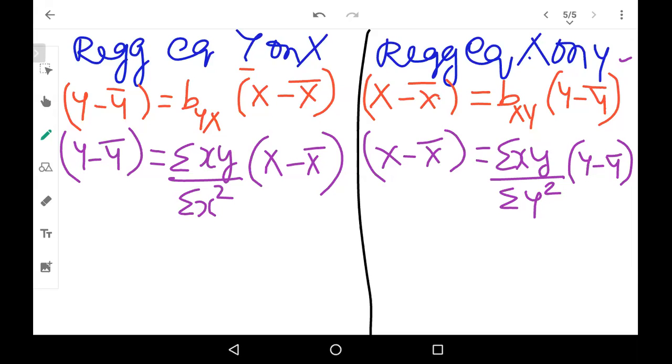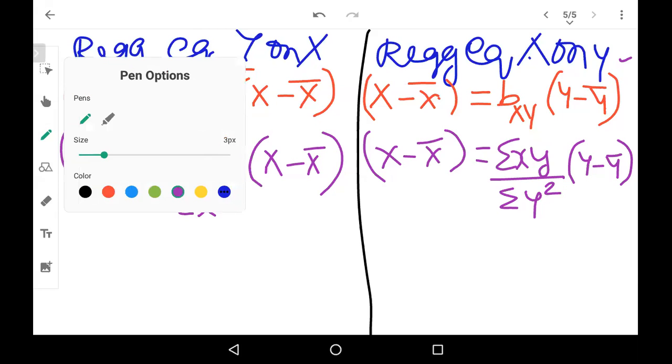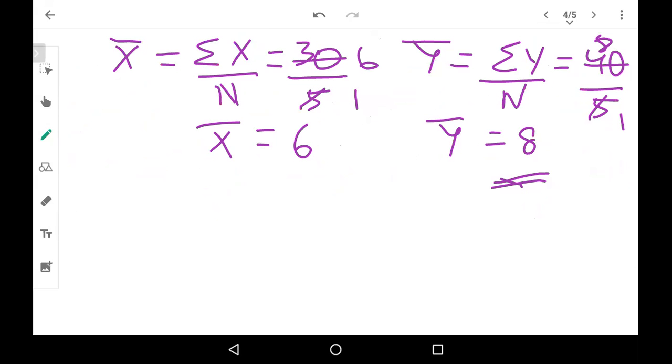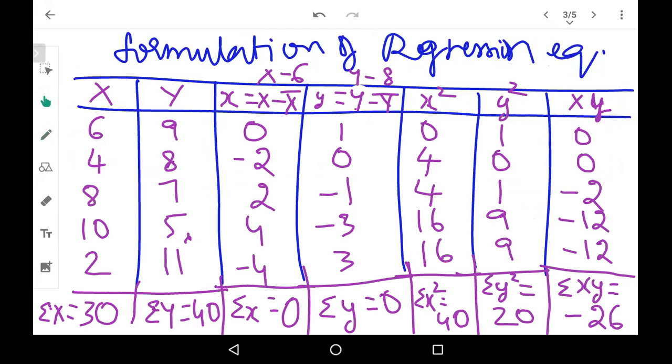Yes? Okay. Now let us put all the values that we have from the problem. Now we know what y bar is, right? Y minus y bar is 8. So y minus 8 is equal to sigma xy. What is sigma xy? Sigma xy is minus 26.